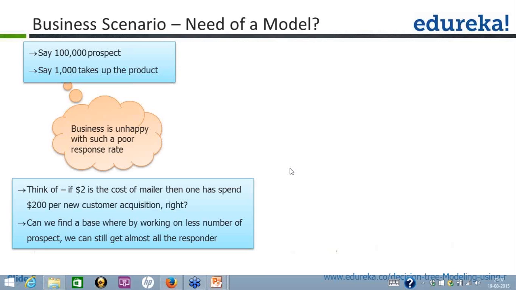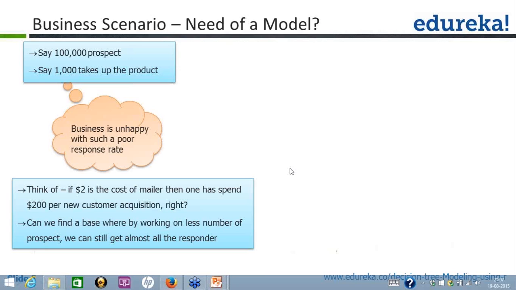At least one responder, so that I know it's working. Hello? Are you guys able to hear me? Looks like there is some issue here. Let me see what is happening. The network is connected properly. I don't know what is happening here.